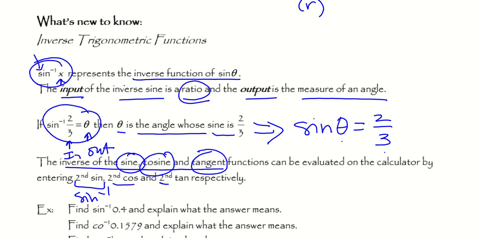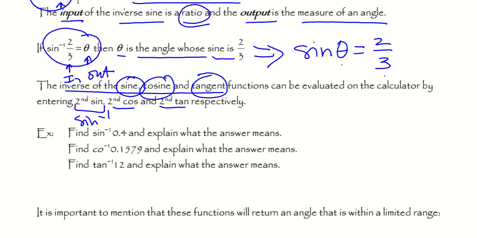Likewise with cosine and with tangent. So go to your calculator and put in second sine to access your inverse sine of 0.4. And what you're going to get from that is 23.578. The input is a ratio, the output is an angle, so that's in degrees.